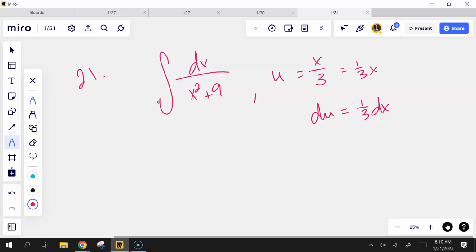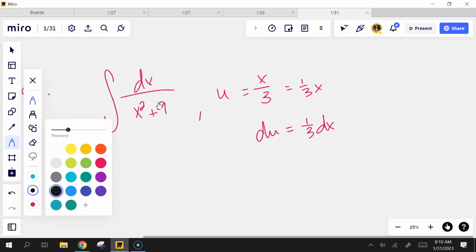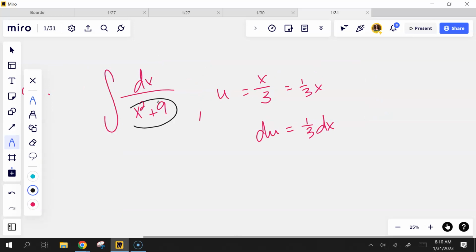If I factor a 3 out of here, stay with me, I get 3 times 1/3 x squared plus 3. That doesn't do me any good. What if I factor out a 9?